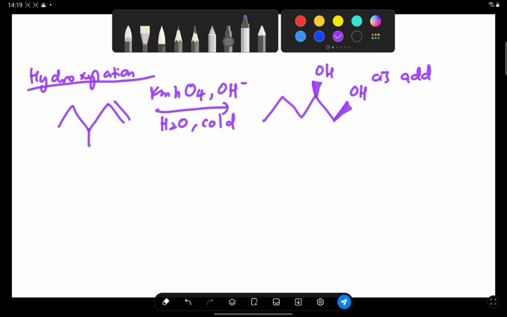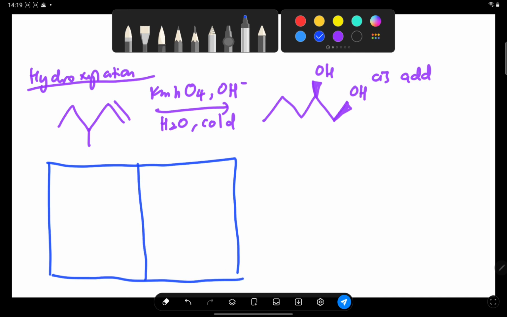Finally, actually we have two tests to distinguish between alkene and alkane.